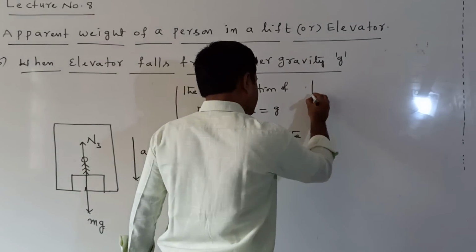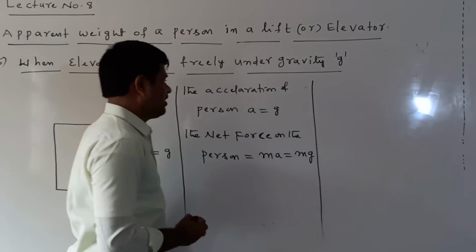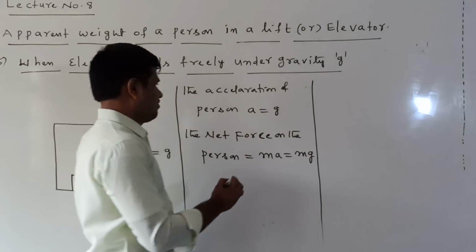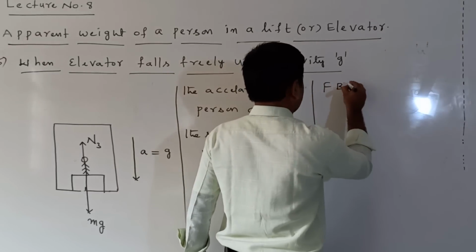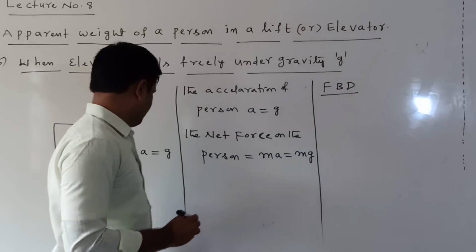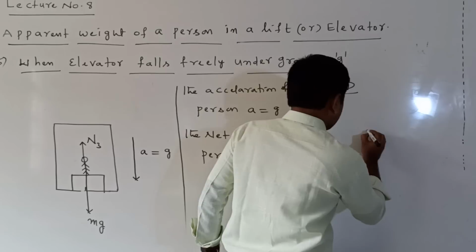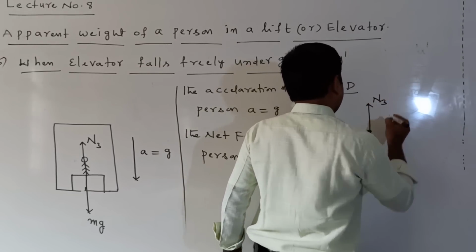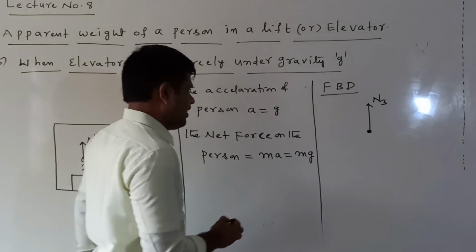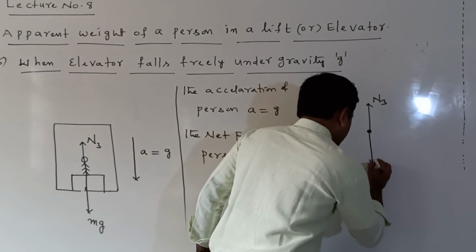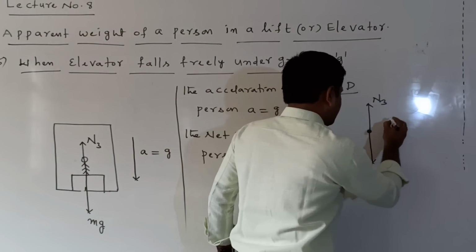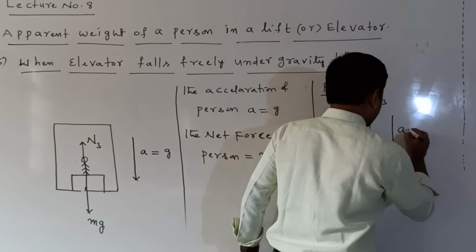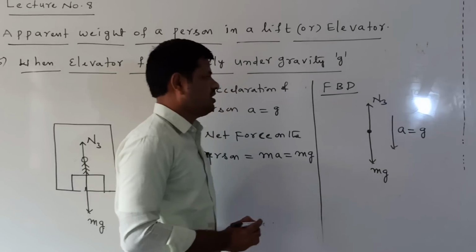Now in this case we draw the free body diagram of the person. How do we draw it? N3 is acting in the upward direction, mg is acting in the downward direction, and acceleration is also downward, but its value is g.